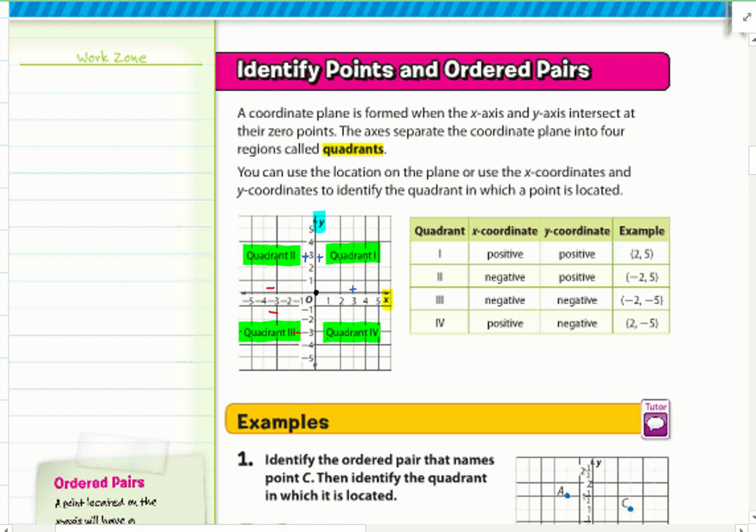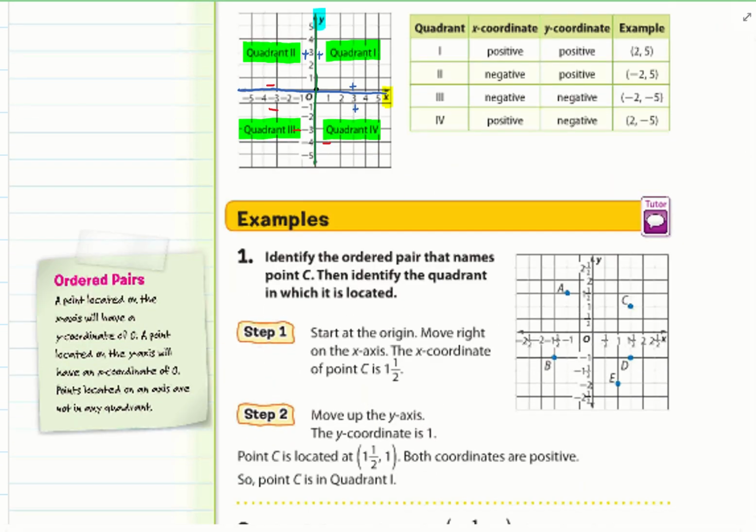And in quadrant 4, I have negative y's and positive x's. This is my x coordinate, and this is my y coordinate, up and down. This is a lot of information for just 1 minute, but as you work with this, the easier it will be.